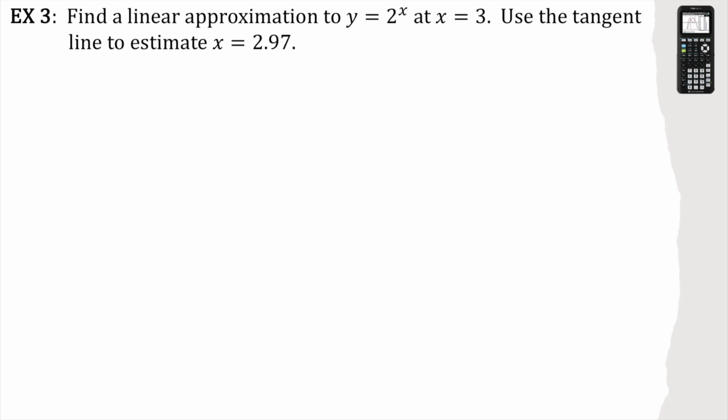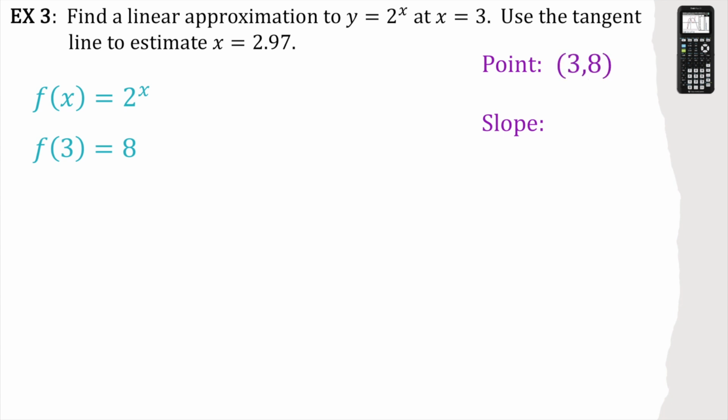Find a linear approximation to y equals 2 to the x at x equals 3, and then use the tangent line to approximate x equals 2.97. All right, once again, we need a point and a slope. If my function is 2 to the x, then 2 to the third power is 8. So there's my point.